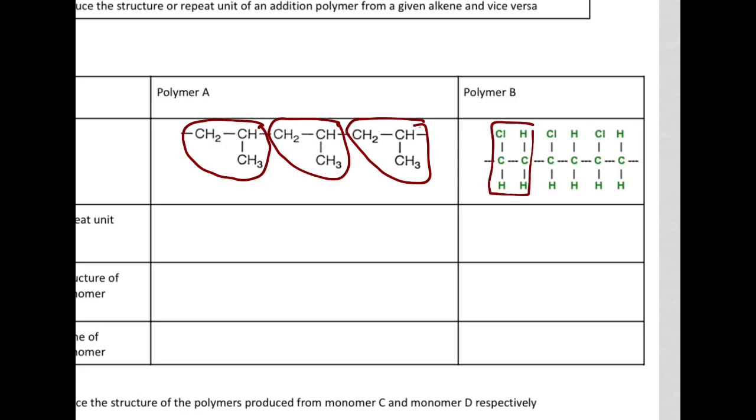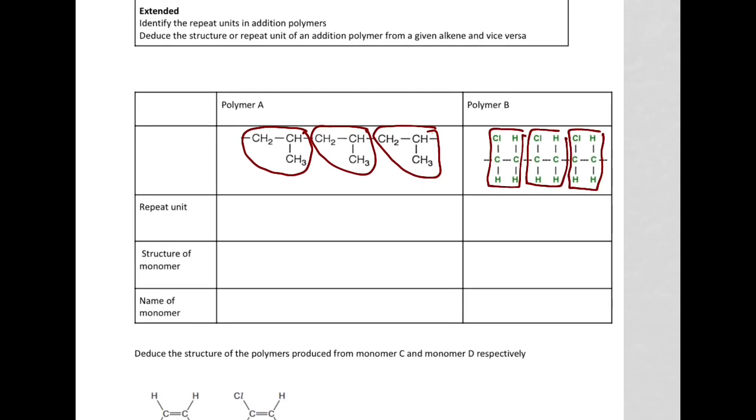The part that repeats itself is called the repeat unit, and we can write it in this case CH2, CH(CH3). Here, this can be seen as the repeat unit. I'm just taking the part that repeats itself and redrawing it. So I have CCl, H, like this.